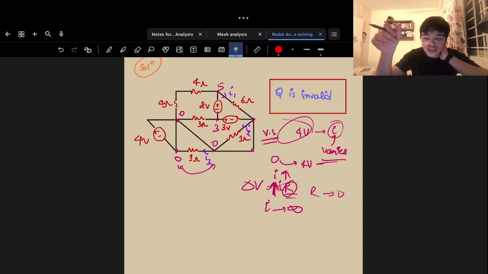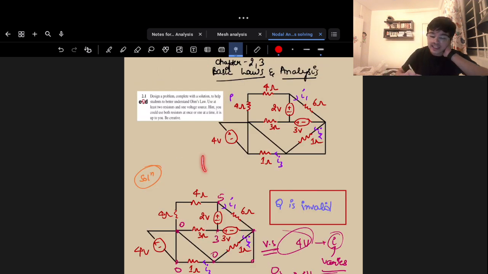No matter the concept, even three-phase systems, people find three-phase systems hard because it is introduced at the end, so you don't have enough practice for it. But for concepts such as nodal and mesh, you are constantly studying it again and again for mid-sem and end-sem. So it's like second nature to you.